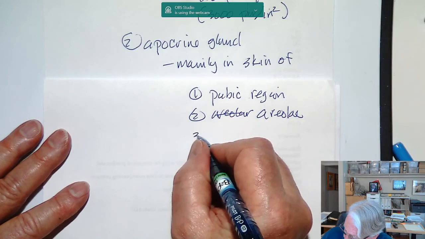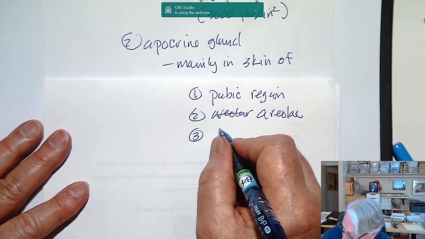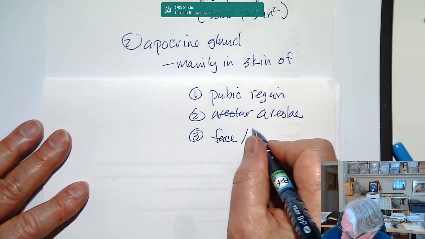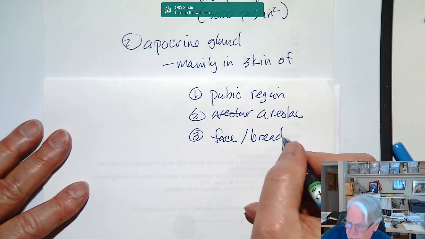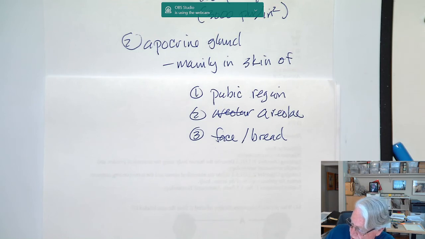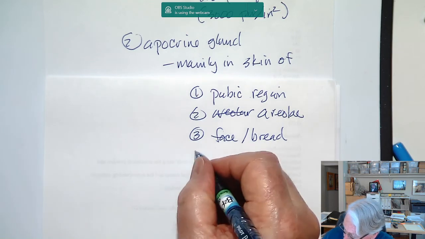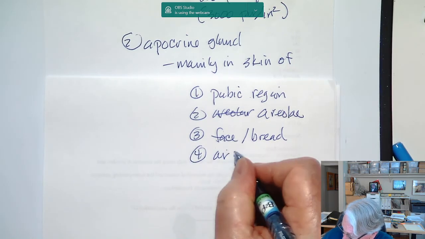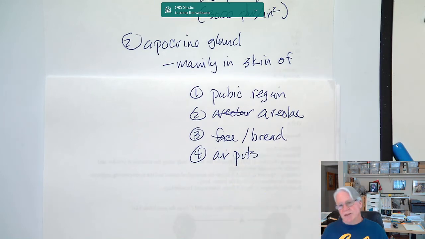Where else? On the face, where the beard grows. So mainly in the pubic region, the dark patch around the nipple, on the breast, on the face, and also the armpits. So what's common to all those things?